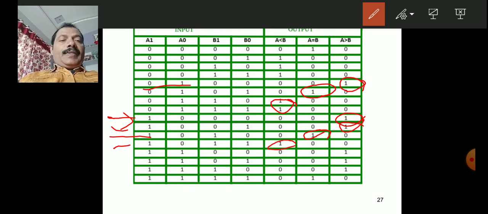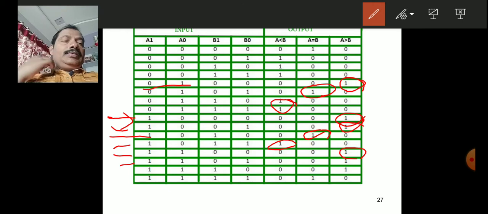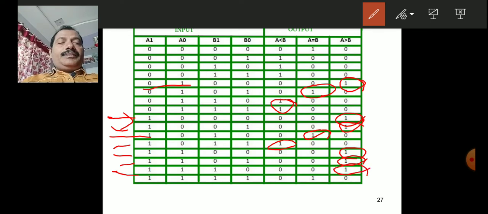Next combination, A equals 1 1, B equals 0 0, A greater than B. Next combination, A equals 1 1 and B is 0 1, hence A greater than B. Next combination, A is 1 1, B is 1 0, A greater than B. Last combination, A is 1 1, B is also 1 1, both are equal.